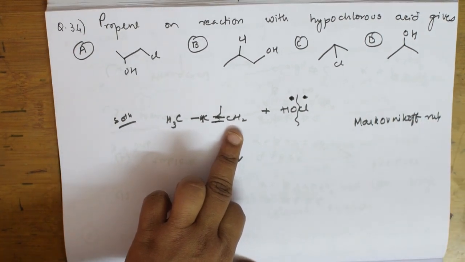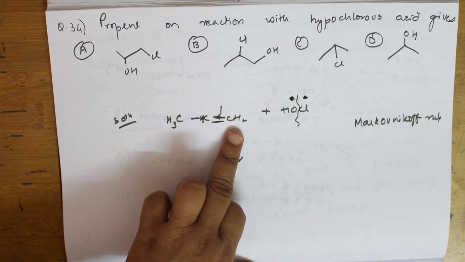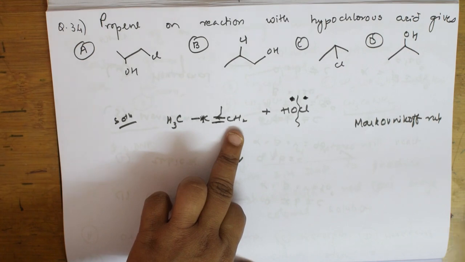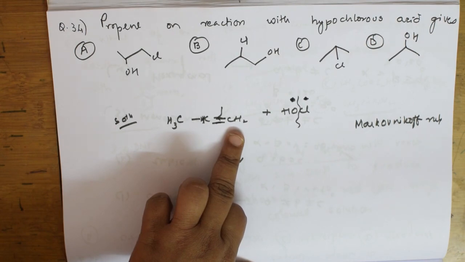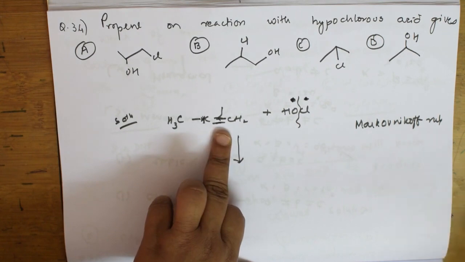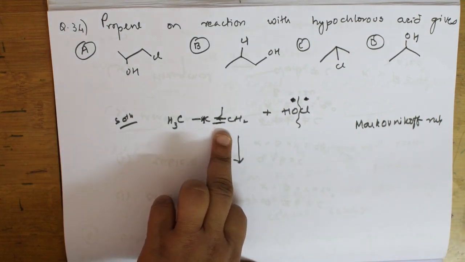What is the Markovnikov rule? Hope it's clear for you all. You would have studied it in grade 11th. I think you would not have forgotten that. Because whenever you're studying a concept, students, if you don't remember the rule, it's very difficult. I'll once again take it, just see. You have an unsymmetrical propene, an unsymmetrical alkene here.